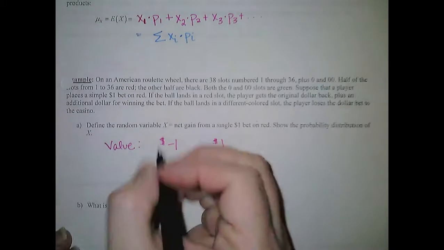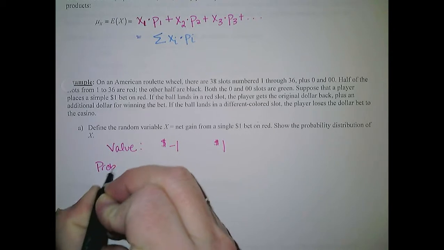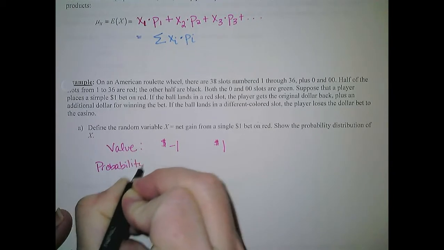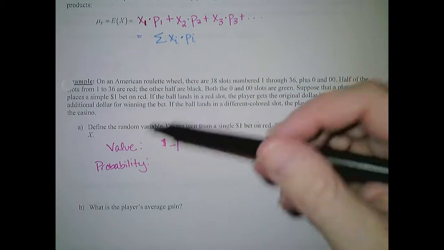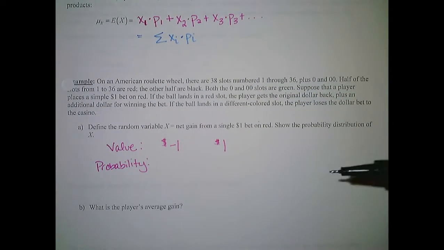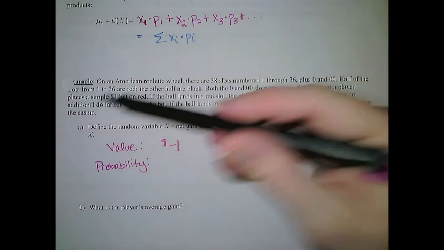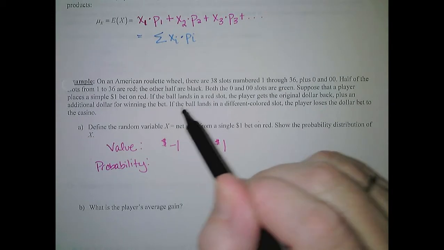Now we need to calculate the probability of each of those possible outcomes. Let's start with the number of ways that the player could lose. If they land on anything other than red, they lose. Half of the 1 through 36 slots are black, so that's 18. If they land on any of those 18, they lose.